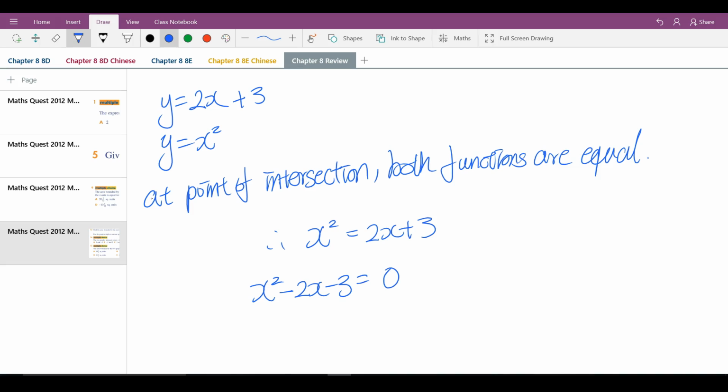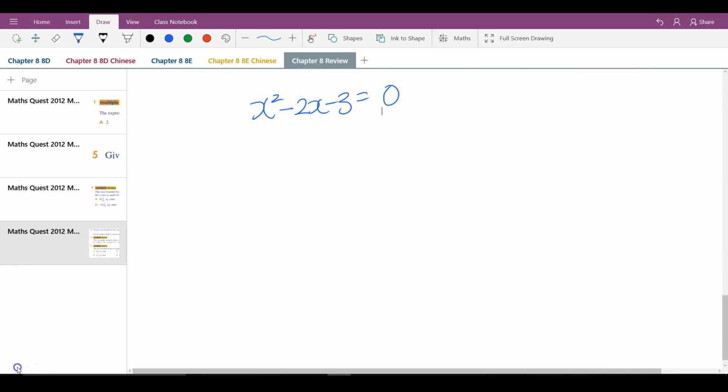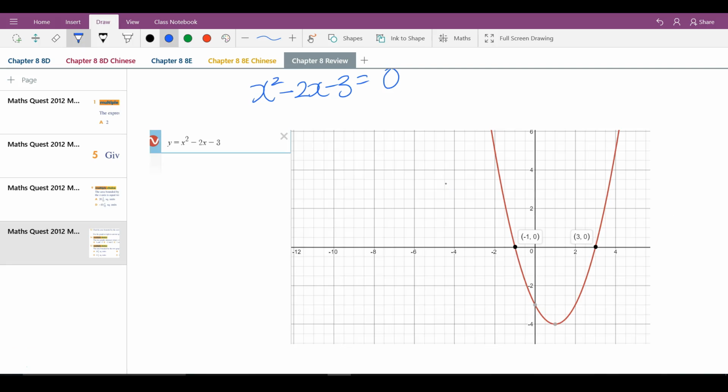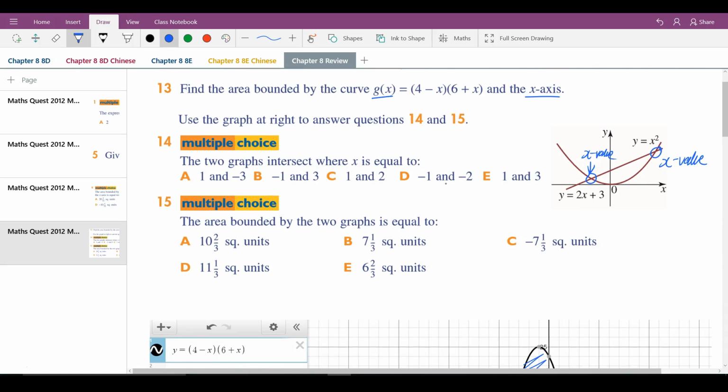All I have to do is plot this quadratic and find the roots, and those roots will be the x coordinates of the intersection. Let me use decimals. We've got the graph here, and these are the two roots, or x-intercepts. So it's -1 and 3. Going back to question 14, the points are at x equals -1 and 3, whatever the y values are, which is B.